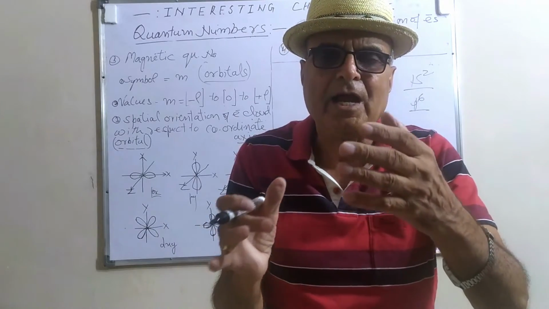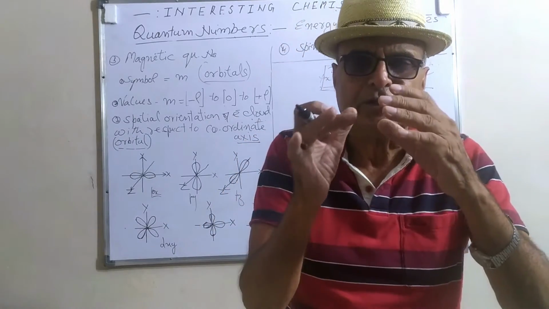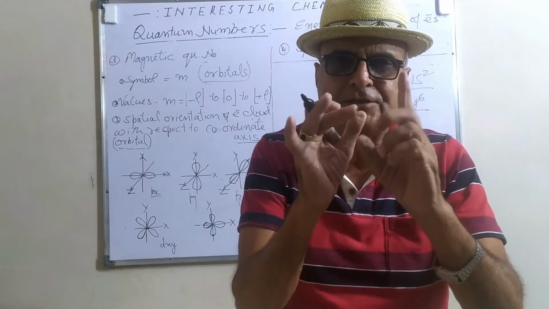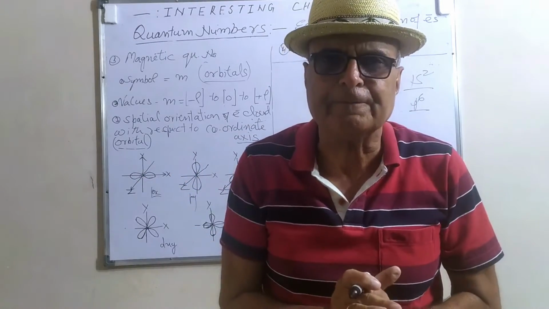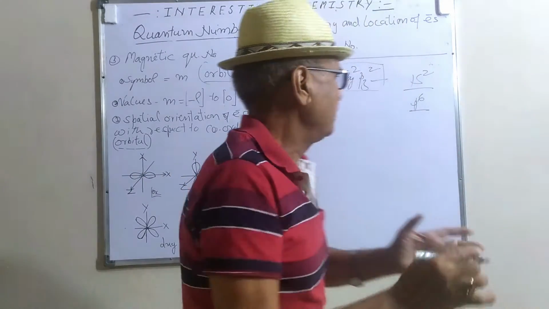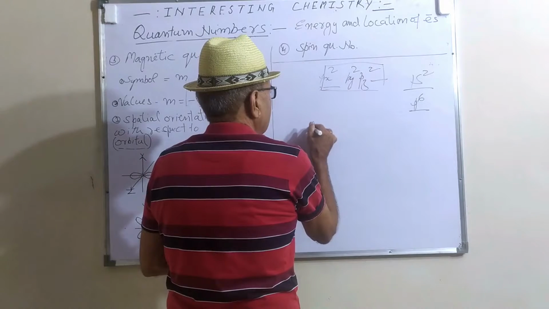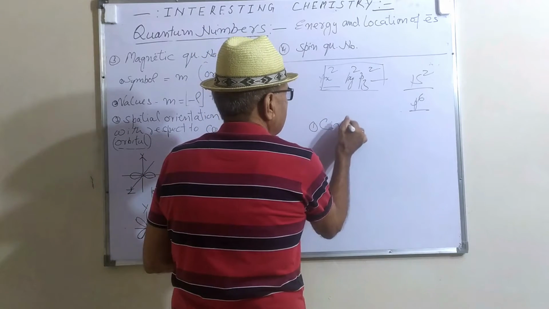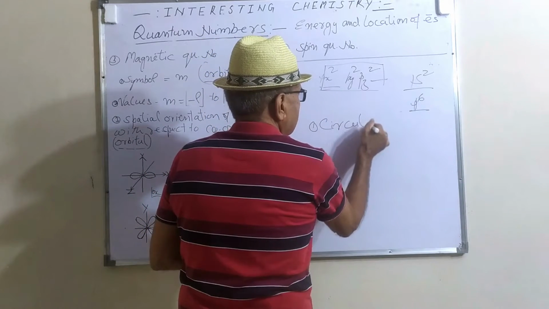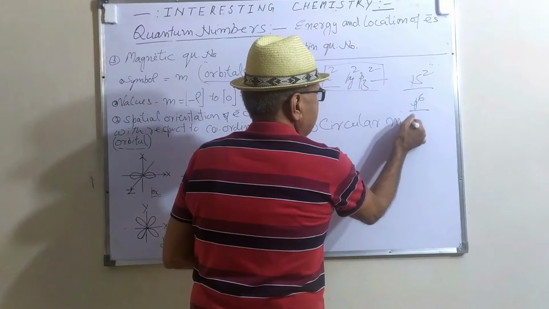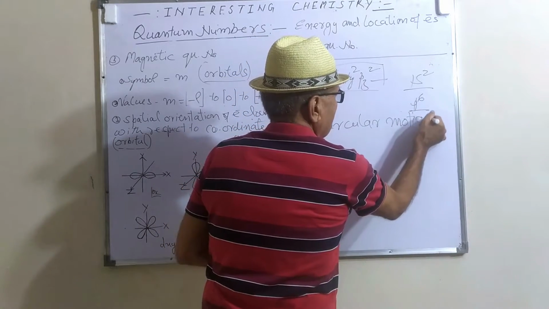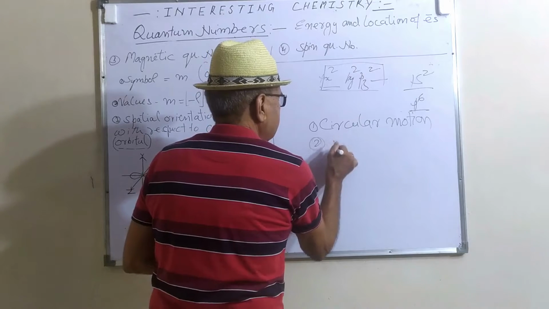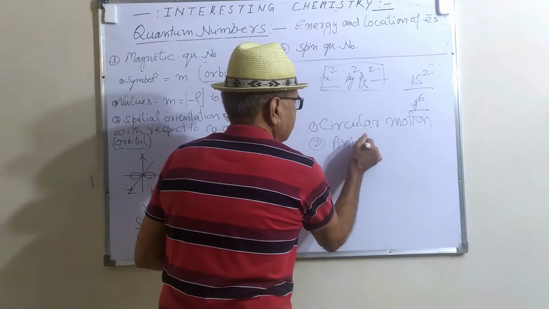So here I am telling you that each electron has 2 types of motion. One is circular motion, and the second one is axial motion.